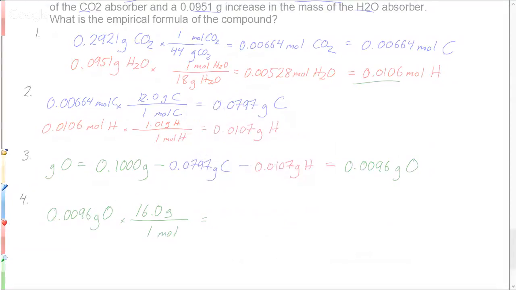Oh, we're so close. We might have to shut the program down, so let's just finish with the board here. We have 0.0096 grams of oxygen, and we want to go from grams of oxygen to moles of oxygen. So that's going to go over 16.